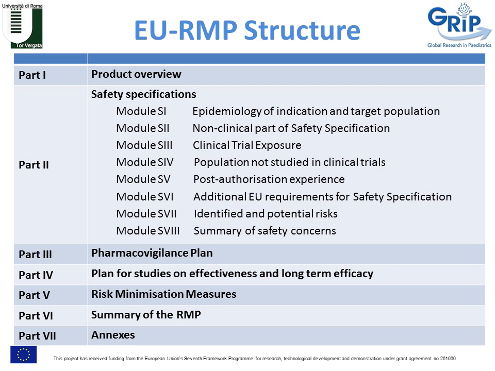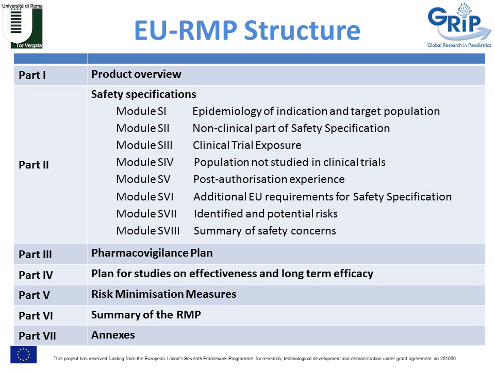Part 3 is the PV plan. This is the section which describes the PV activities for each safety concern. The PV plan could include routine pharmacovigilance activities, and it could include additional activities, for instance, PASS or post-authorization safety studies.